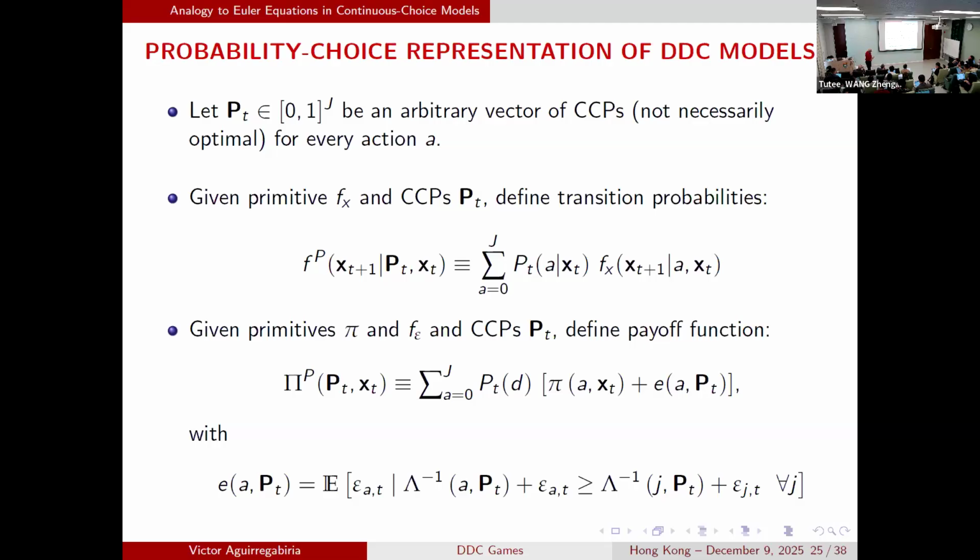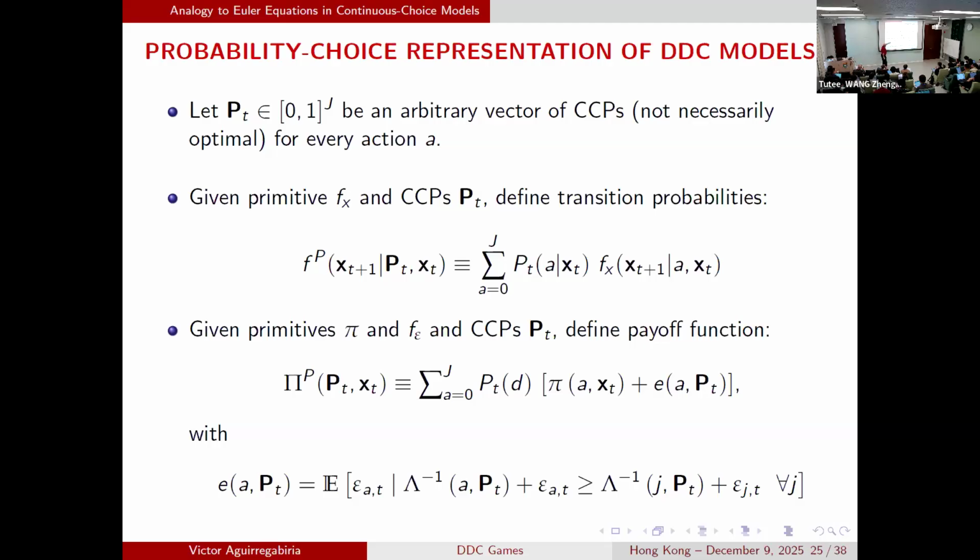Then given this choice, let me now define a version of the transition probabilities where, instead of conditioning on today's state and today's action, we are conditioning on today's choice probabilities, okay? And basically, this is the integration of our original primitive, the transition probabilities conditional on an action, over the choice probabilities.